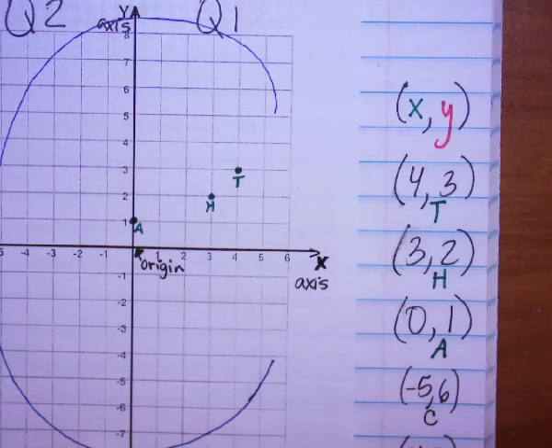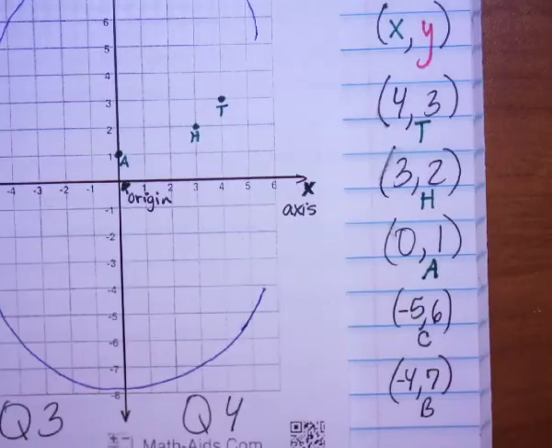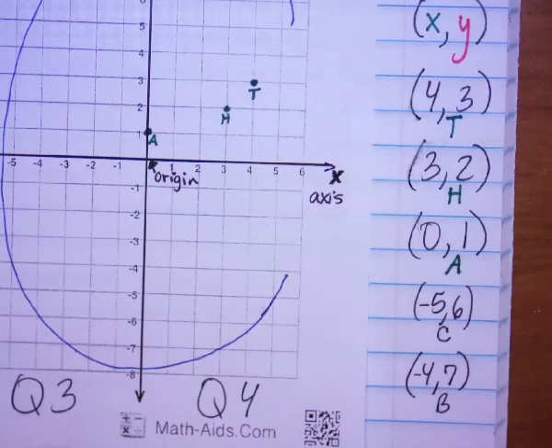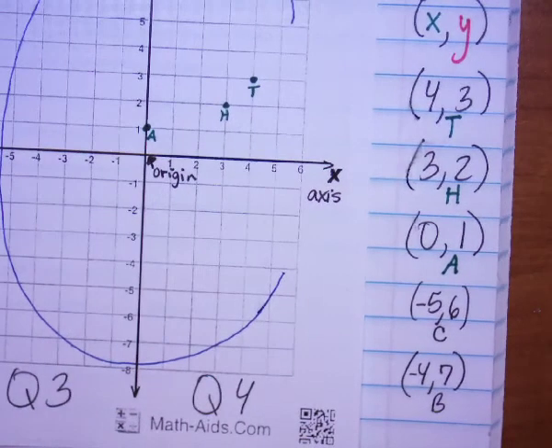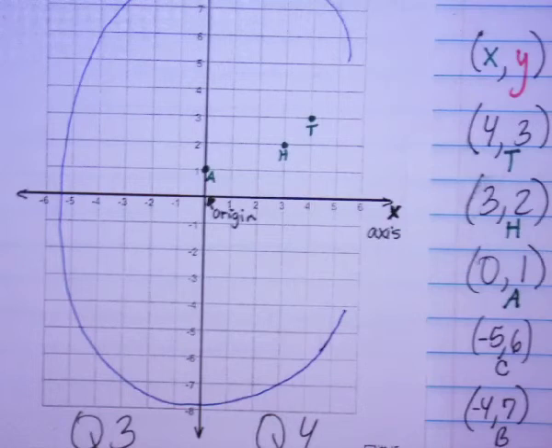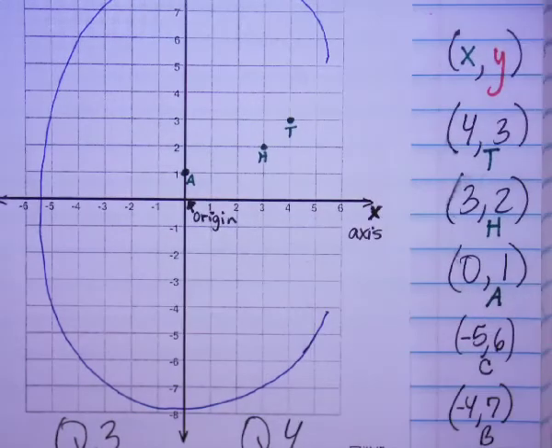We'll call him B. Which quadrant did we do it in? You have to look and see to figure it out. Well, there's 2 of them. You put it wherever he belongs.